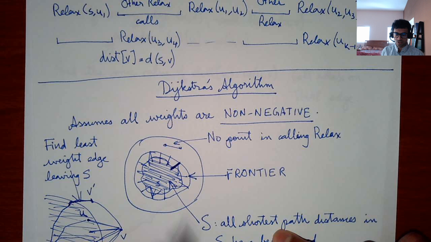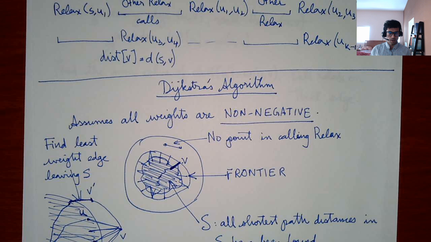You look at all the potential paths you can get, you look at the minimum one, and you only call relax on that edge corresponding to the minimum. Now again, this doesn't seem like it's really efficient because you have to go over all the edges. And so with a clever use of a min heap or a priority queue, we can actually make this efficient.